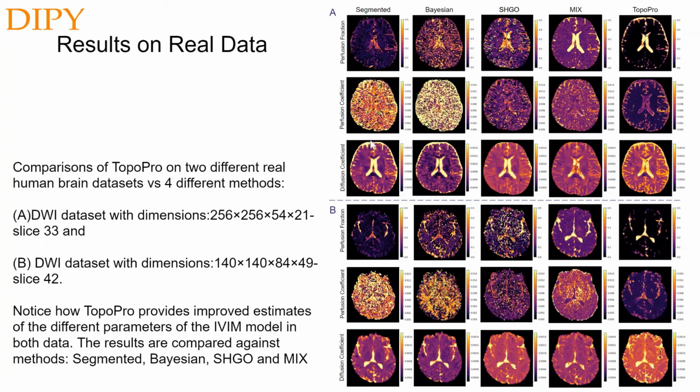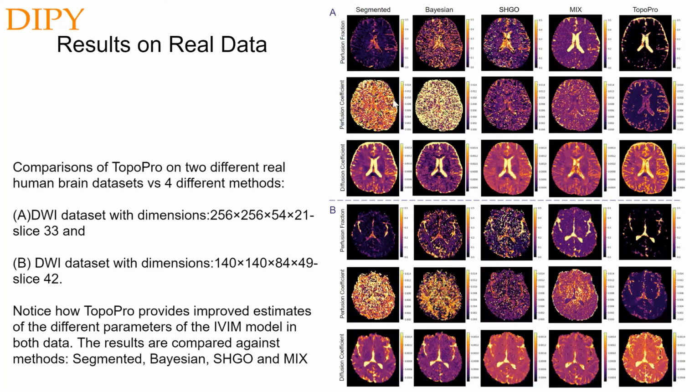That is what segmented corresponds to. Bayesian is a Bayesian formulation for solving IVIM. Then the third is plain SHGO, the fourth is with mix, and the fifth column corresponds to the method that we are proposing.